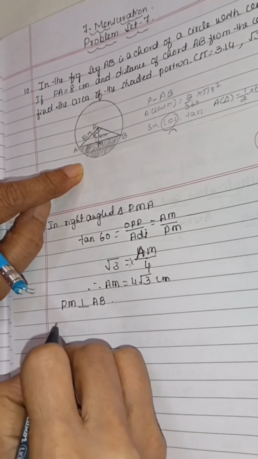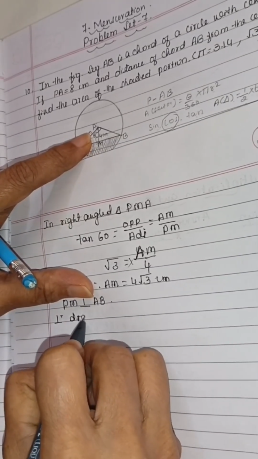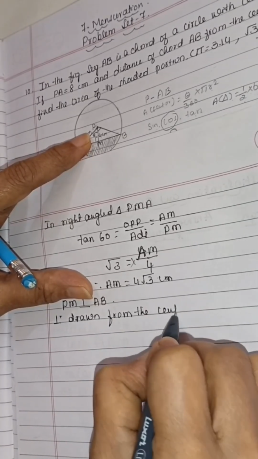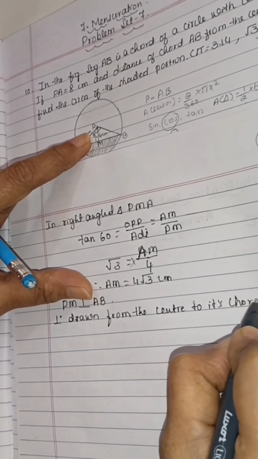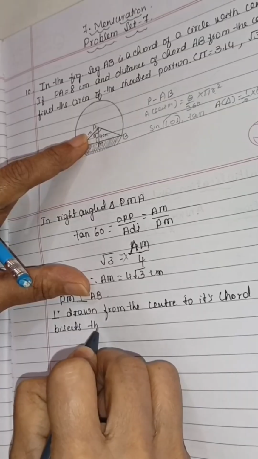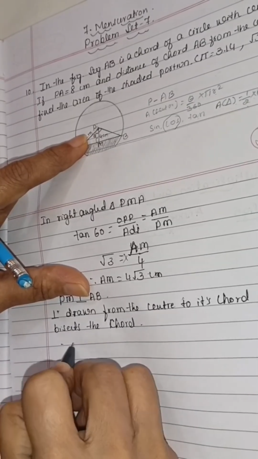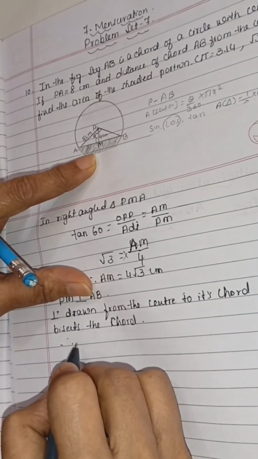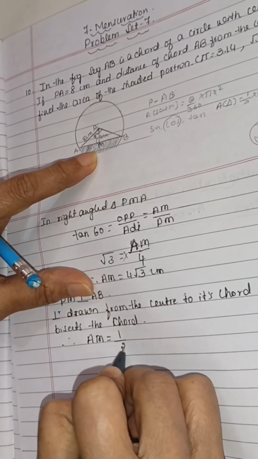Now, a perpendicular drawn from the center to its chord bisects the chord. We all know this. Therefore, AM is half of AB.